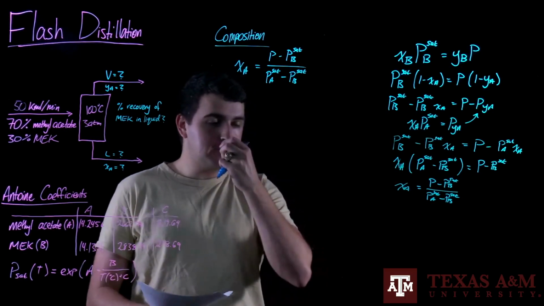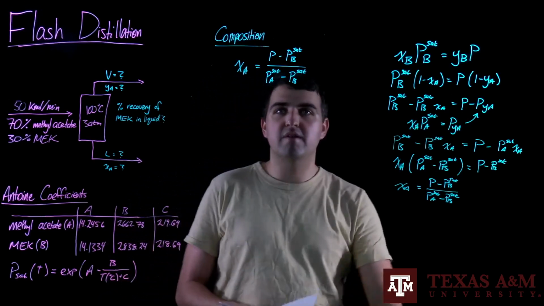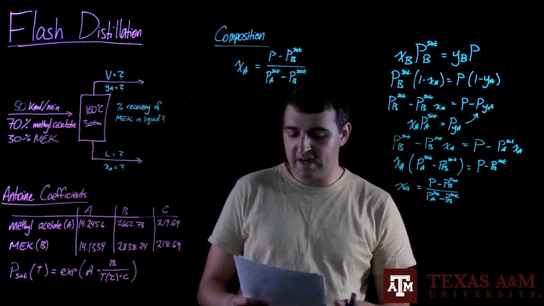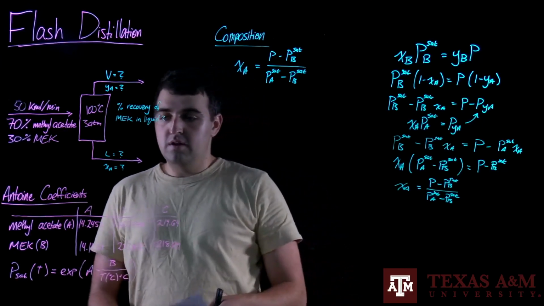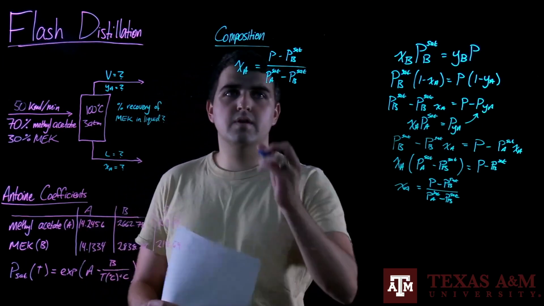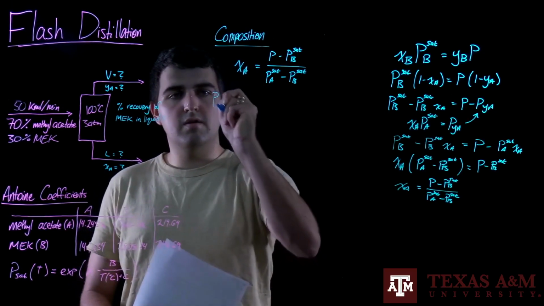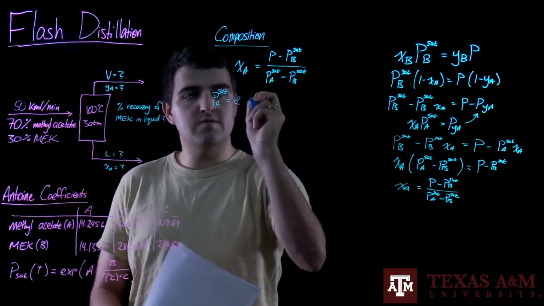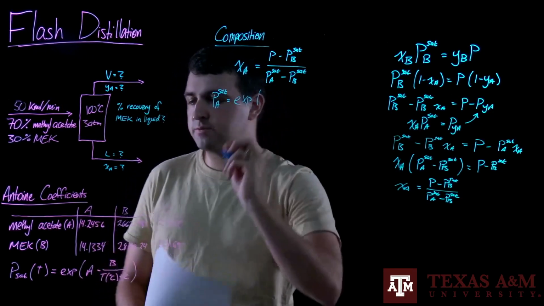Now that we've done this quick little review of thermo, we just need to find what our PA sat and PB sat is. We're at 100 degrees C. We don't need to convert that. And so our PA sat is equal to the exponential.